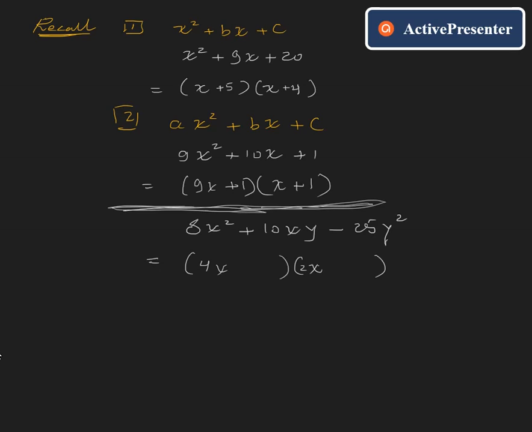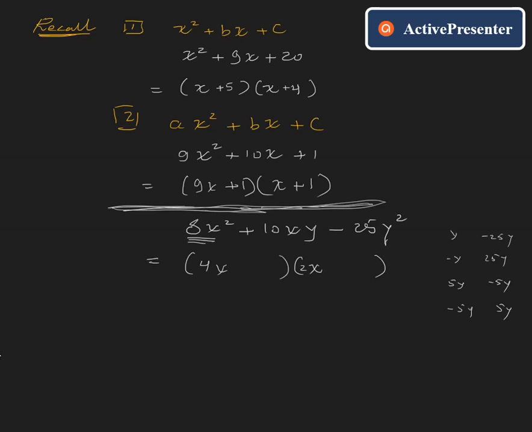Now you check numbers that when you multiply, you will get minus 25y squared, and if you add, you will get 10xy. What are those numbers? You may say y and minus 25y, or minus y and plus 25y, or you can say 5y and minus 5y, and here you say minus 5y and 5y. Those are the numbers you may check.